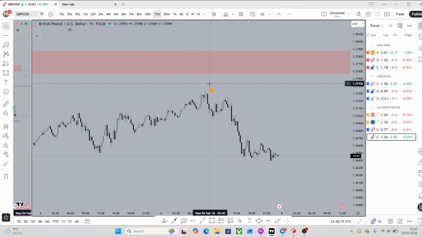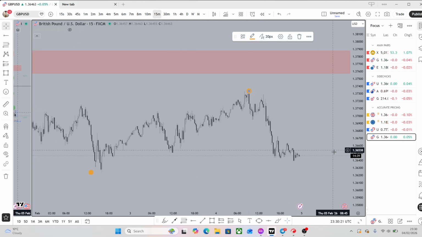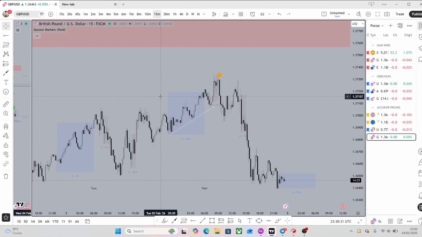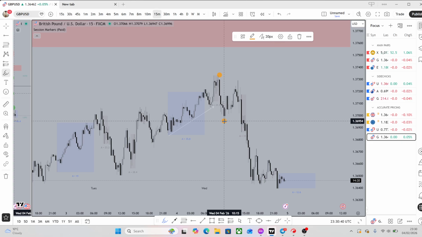We go on the M15, and we can see that there's a ton of liquidity that needs to be taken out. And when we turn on our daily cycle, we can see that the Asia high has been taken out, and we had an internal break of structure with this low.